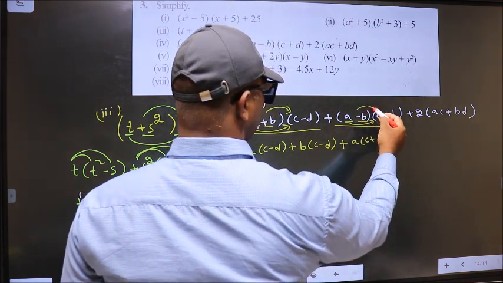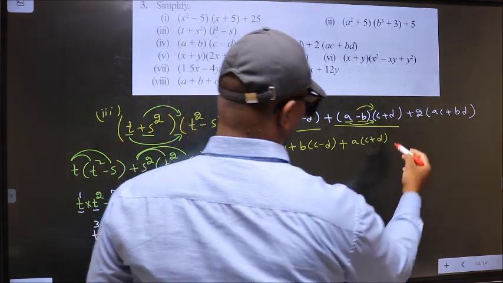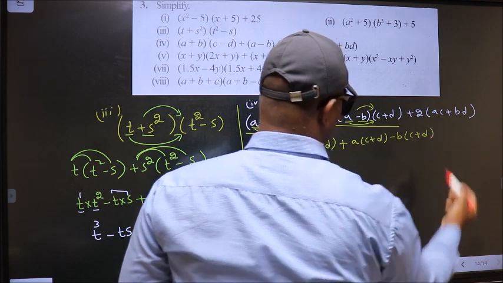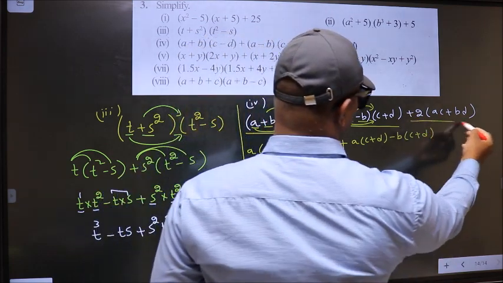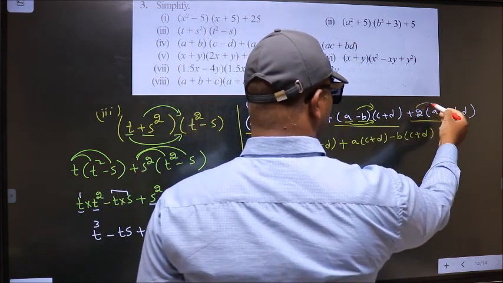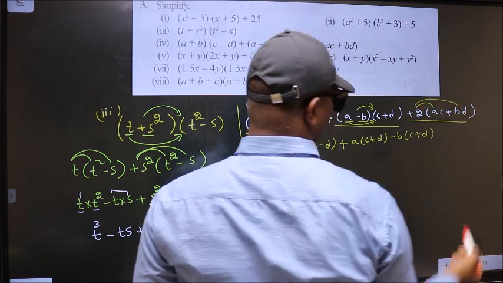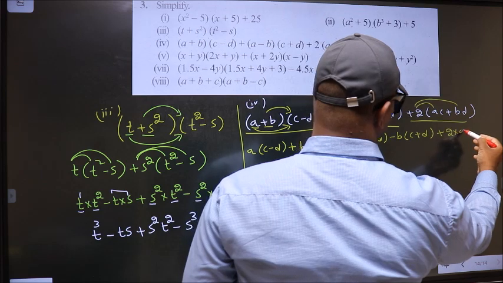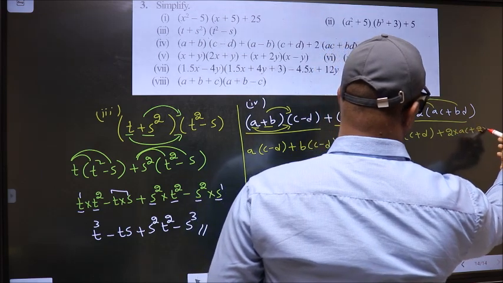Now with minus b we should multiply this bracket, that is minus b into c plus d, and this here you multiply with 2, directly open the brackets, that is 2 into ac plus 2 into bd.